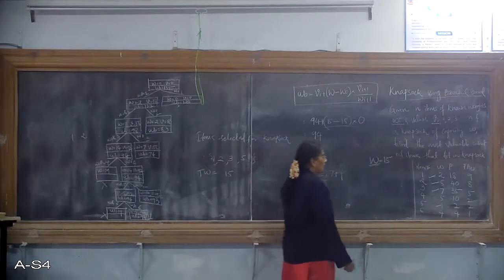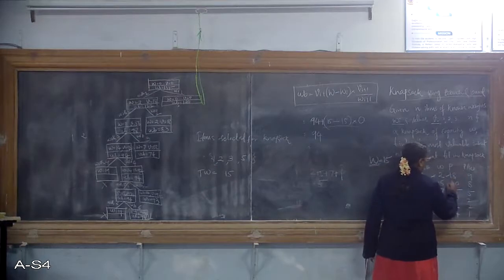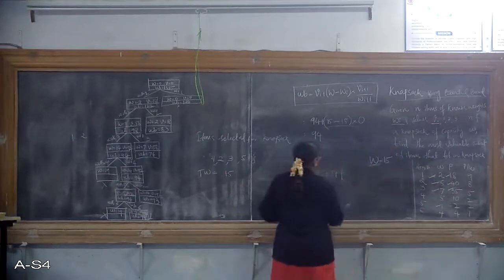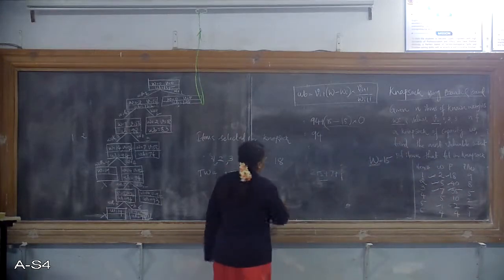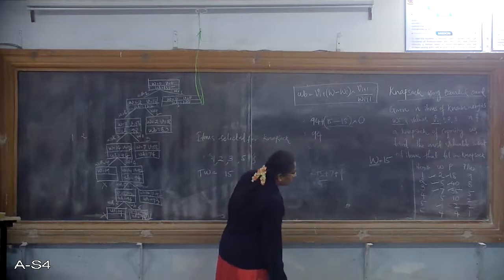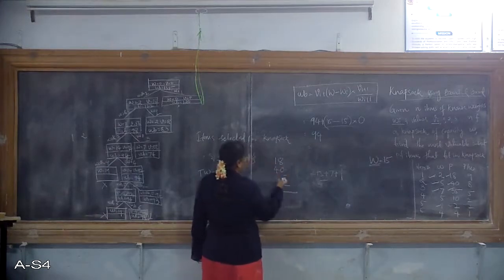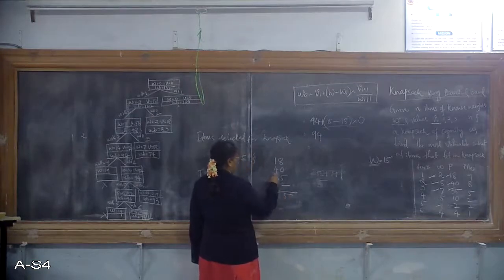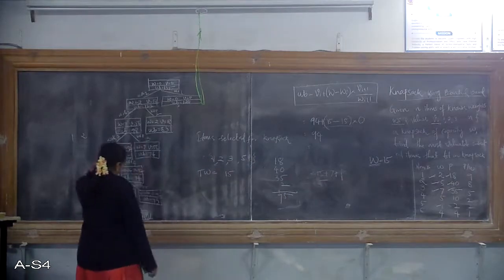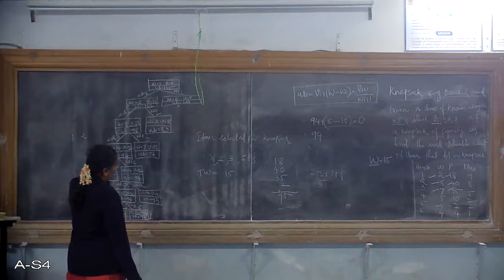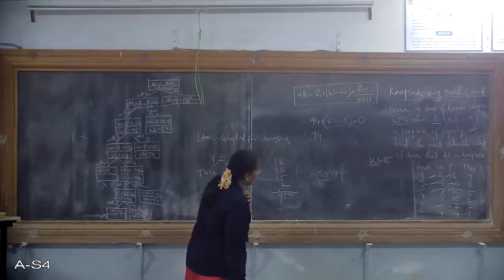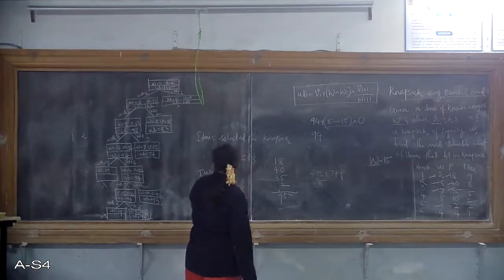So for that, we add up all the profits here: 18, 40, 35 and 2. Somewhere it went wrong. 18, 40, 35 and 2, here I got 94.